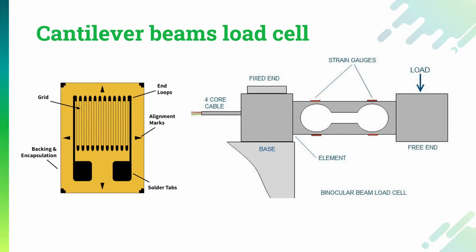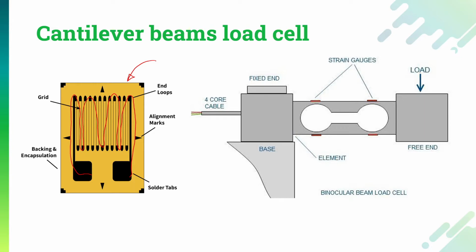What is a basic strain gauge? Let me explain. This is the figure of the strain gauge. As you can observe, there is a whole grid of soldered tabs available. These are basically the soldered wires which are going something like this. So this is the whole grid available. Now these wires, or this material, are such that a minor change in the dimensions of this grid actually changes the resistance of these wires.